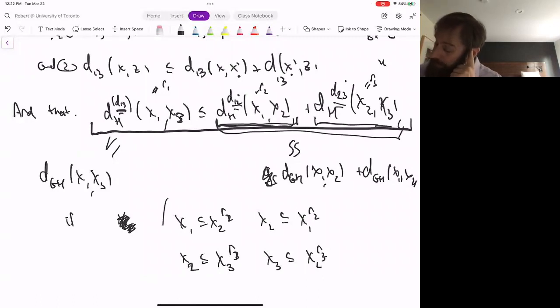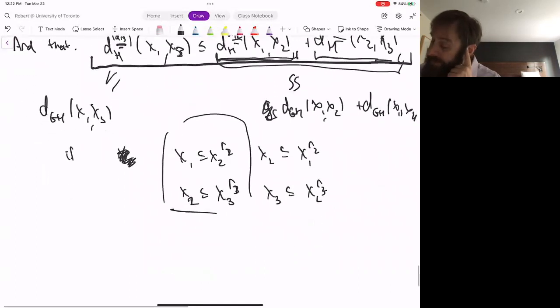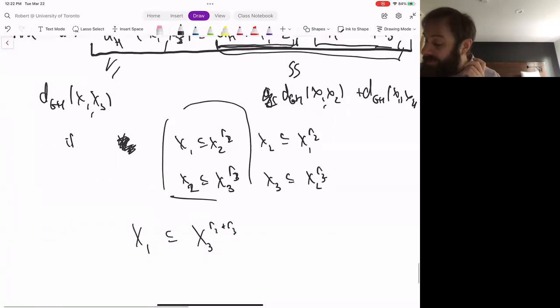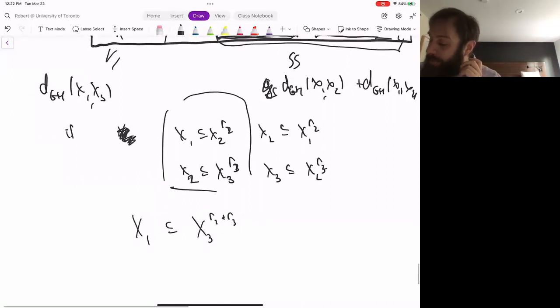So, for example, if I combine these first two things, I want to deduce from the combination that x1 is contained in an R2 plus R3 neighborhood of x3, where now the neighborhood is defined using d1,3. This neighborhood was defined using d2,3, and this neighborhood was defined using d1,2.